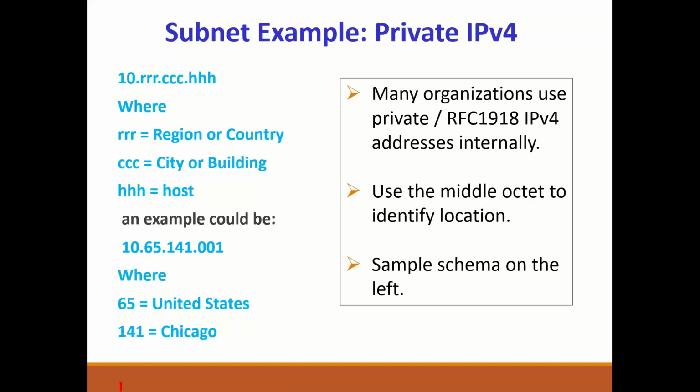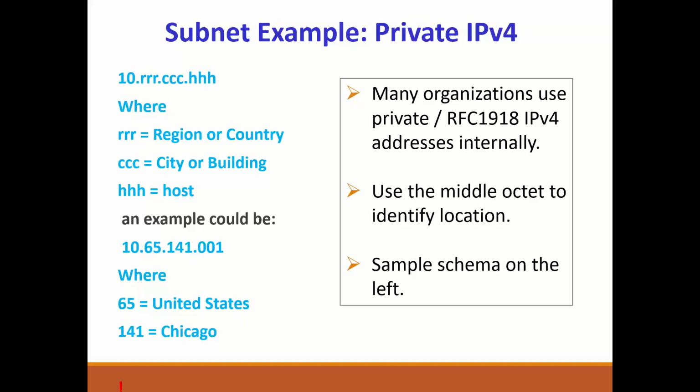That's normal. So let's say an example would be 10 dot 65, and 65, let's say, designates the United States in our big map that we've come up with for our subnets, and then 141 is Chicago.